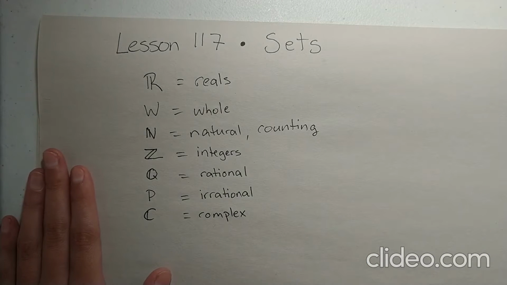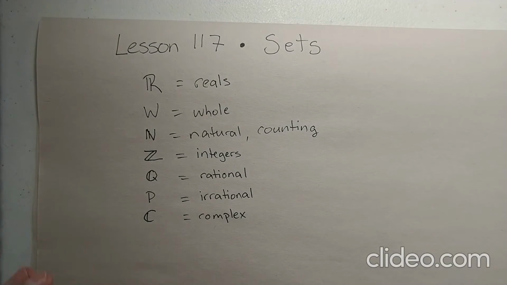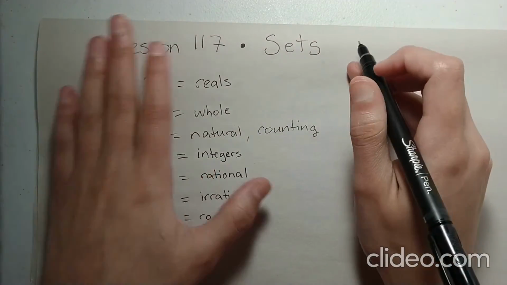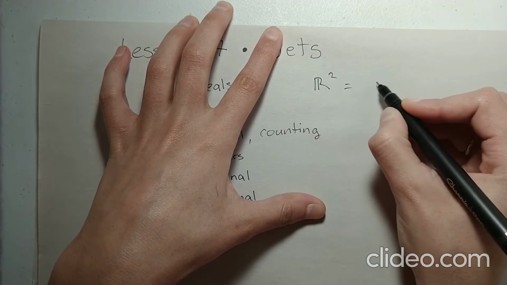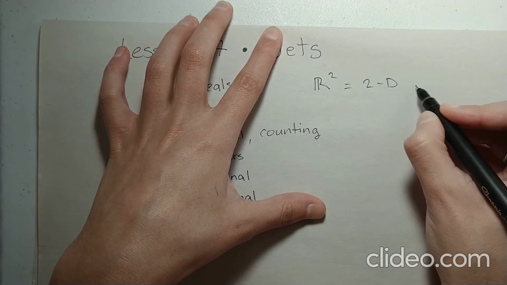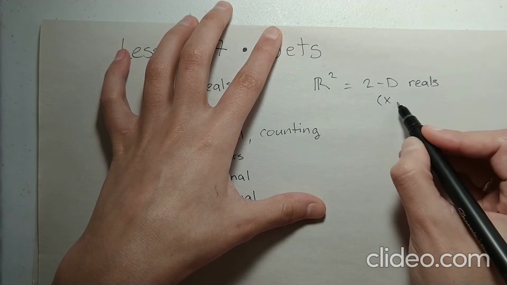All right, so using these designations for numbers and sets, we're going to write our equations a little bit differently. I forgot one. So we also have reals on a 2D plane. That basically means just like with X and Y.